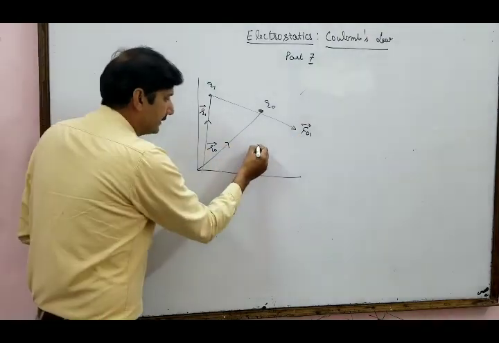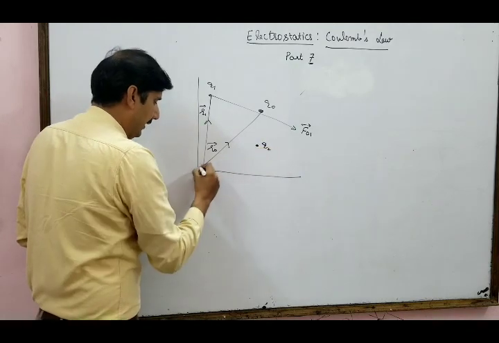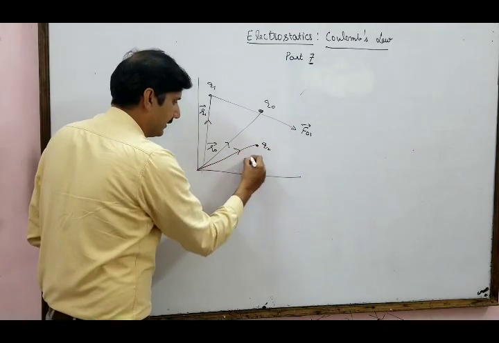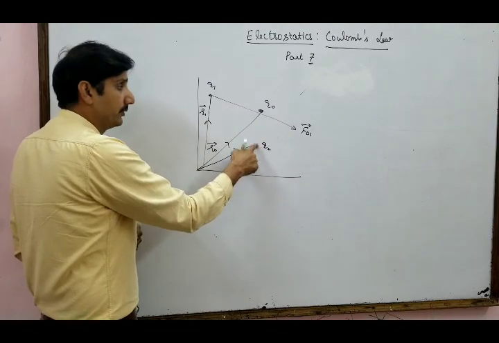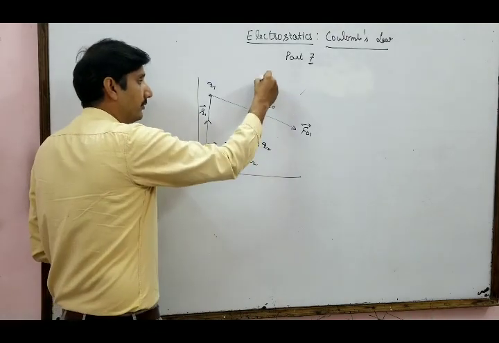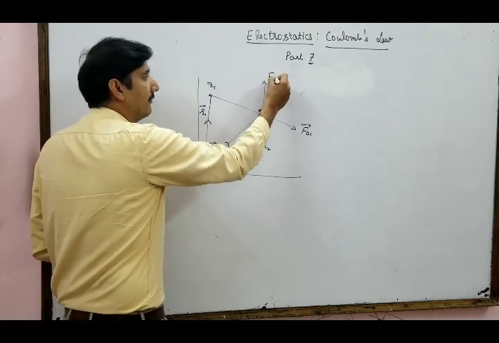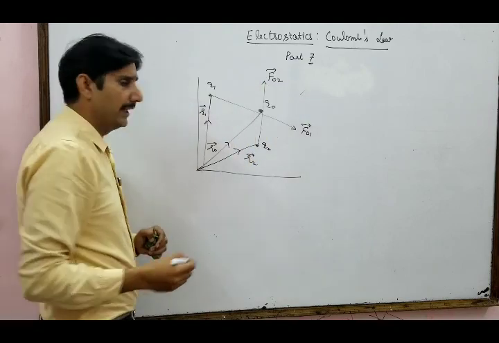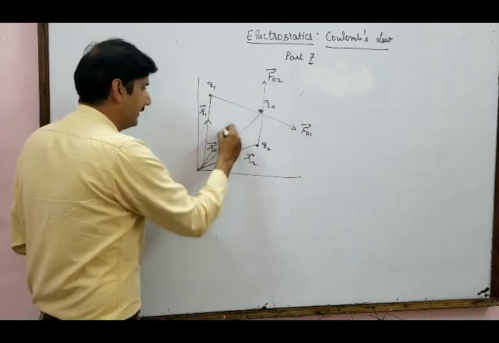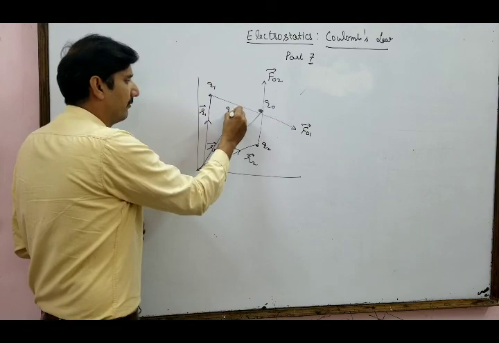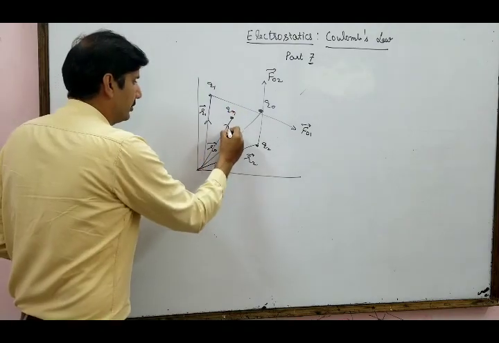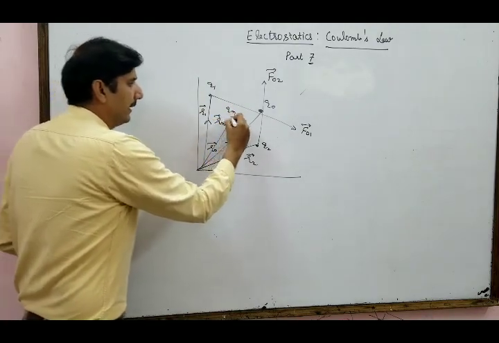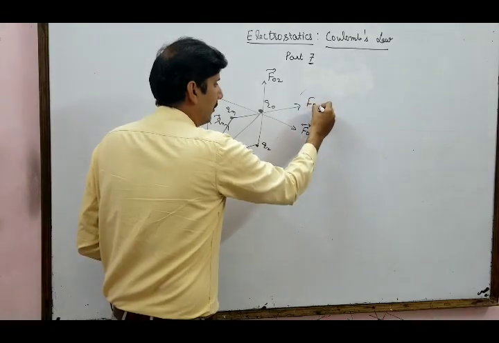Let's say here is charge Q2 with position vector R2, and Q2 is exerting some force on Q0 as F02. And there are other charges, so on, up to charge Qn with position vector Rn, which will be exerting force F0n.